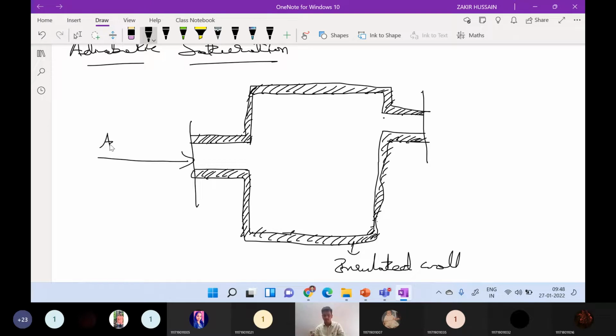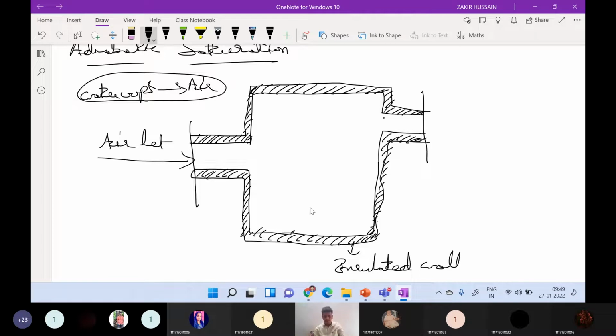This is the air inlet. Humidification is the addition of water vapor into the surrounding air, and this humidification process is what goes on inside this chamber.